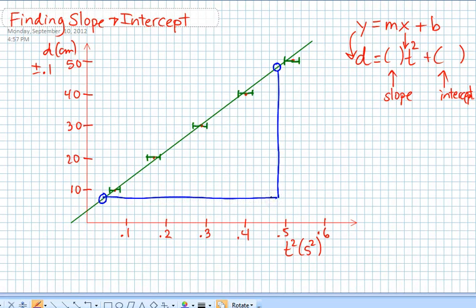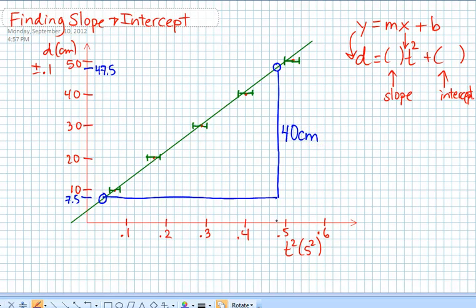And it looks like we have a distance, and this is why it's important to have a nice simple scale. That looks like 47.5, and down here it looks like 7.5, so we have a rise of 40 centimeters.